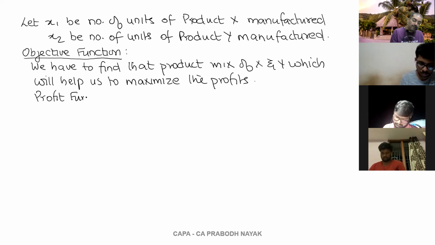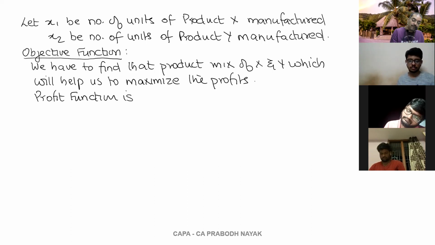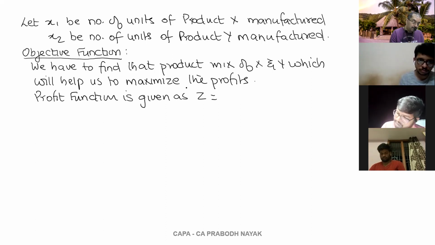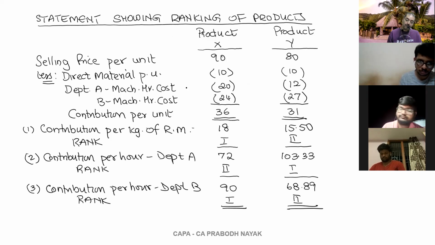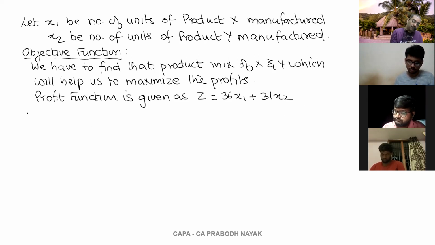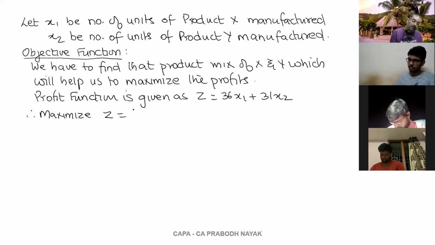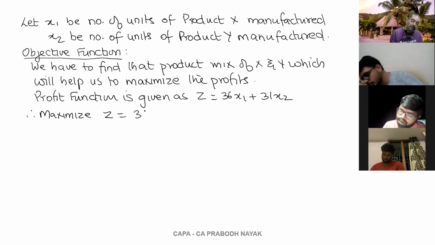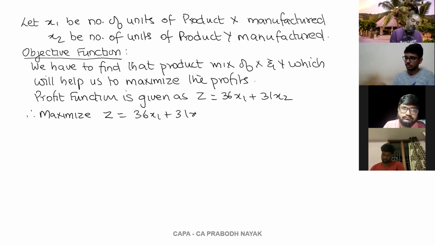The profit function is given as Z is equal to contribution per unit, which is 36, so 36 into X1 plus 31 into X2. Maximum Z is equal to 36 X1 plus 31 X2.